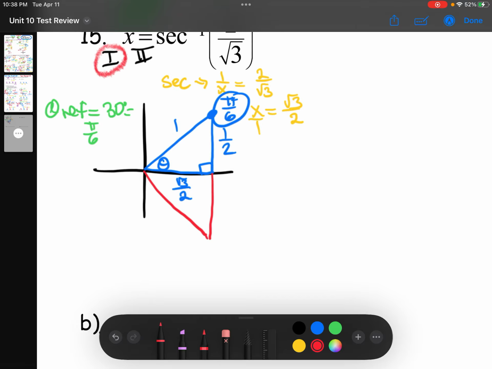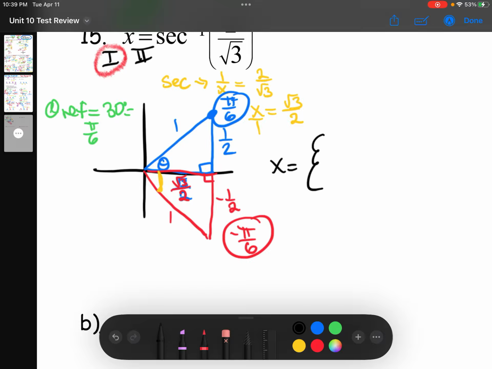So drawing that triangle in quadrant 4, that x is still square root 3 over 2. That would give us a y of negative 1/2 and a hypotenuse of 1. That reference angle is still pi over 6, and it's pi over 6 down backwards from 0. So we call that negative pi over 6, using the negative angle in quadrant 4.